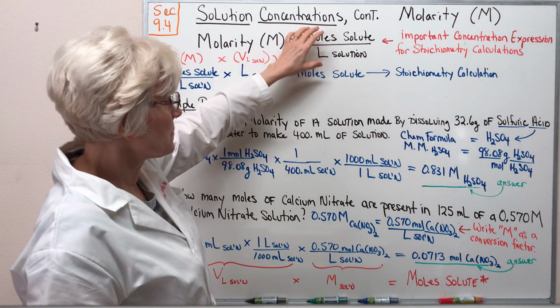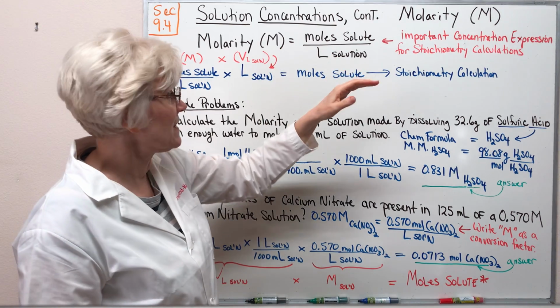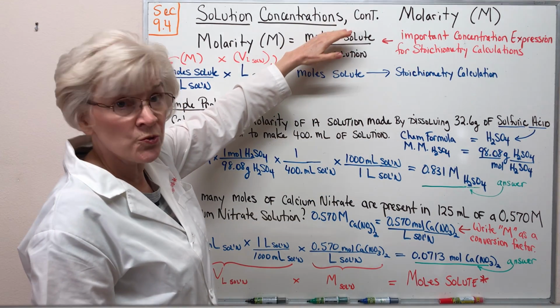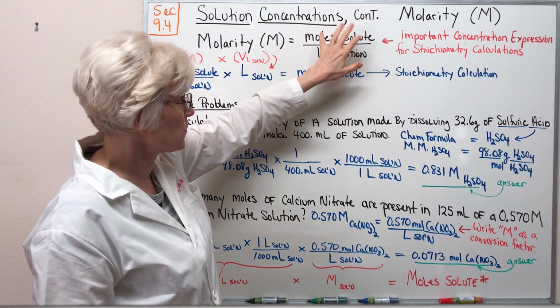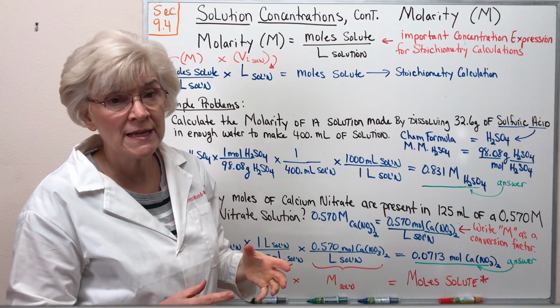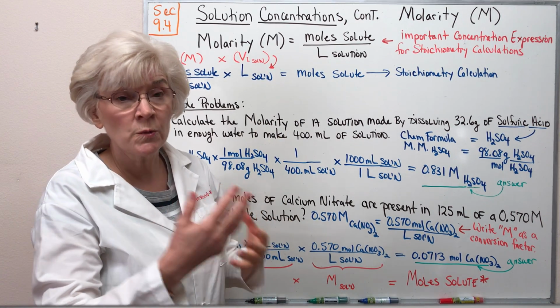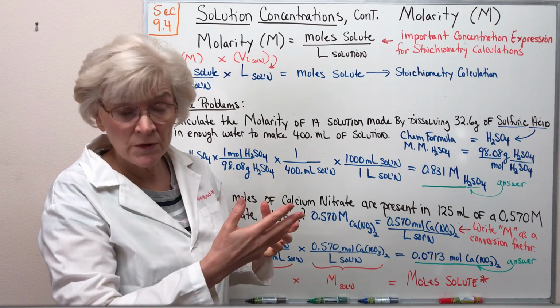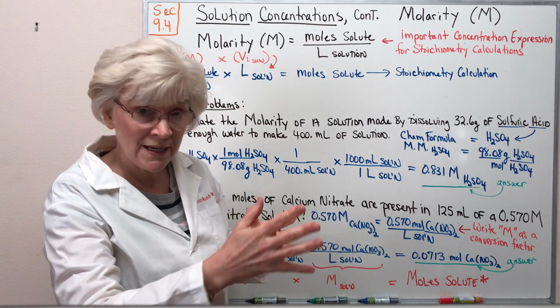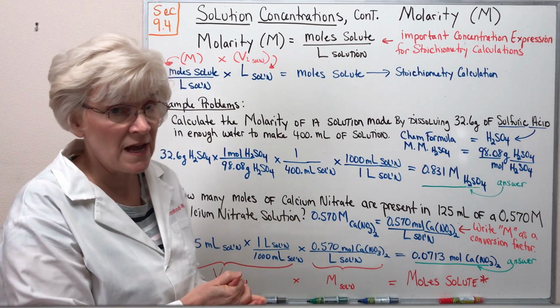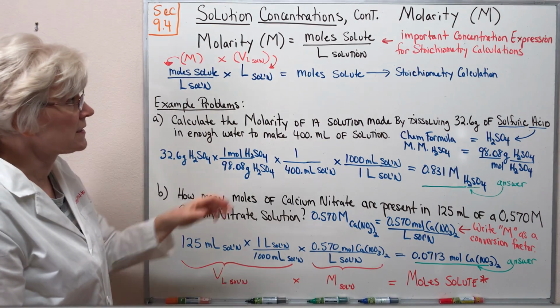And it's obvious when you look at the definition why that would be the case. We see that moles of solute is right there in the definition of molarity, so that will take us quickly to information about moles of solute needed to go on and do the rest of a stoichiometry calculation.